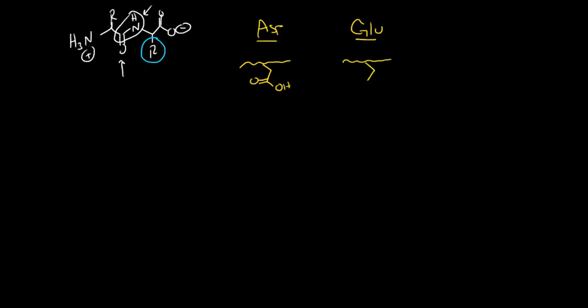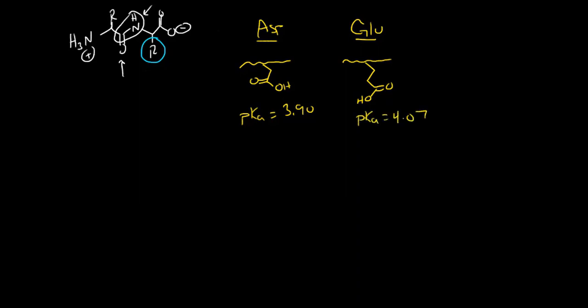Glutamic acid is two carbons followed by the same carboxylic acid functional group. So they both have this carboxylic acid on the side chain. The table tells us that Asp has a pKa of 3.90 and glutamic acid has a pKa of 4.07.